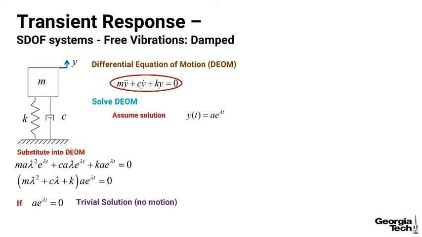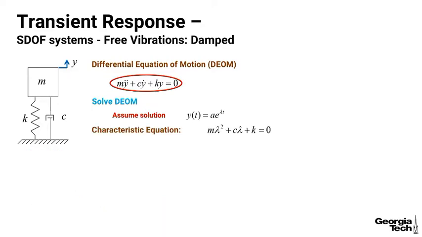There's really no motion. And so the more interesting case is when we set the quantity in the parentheses equal to 0. That's called the characteristic equation, where m lambda squared plus c lambda plus k equals 0. And so here's my characteristic equation.